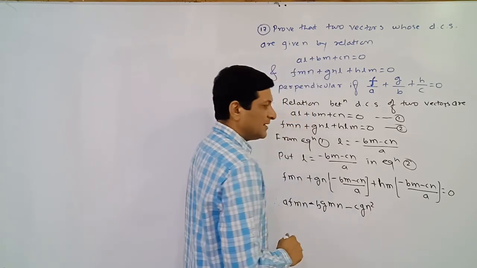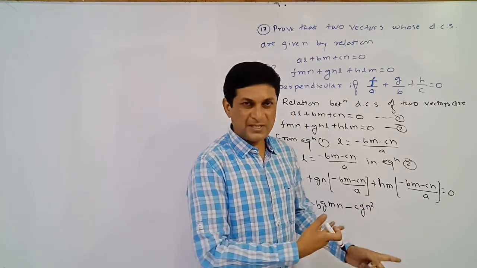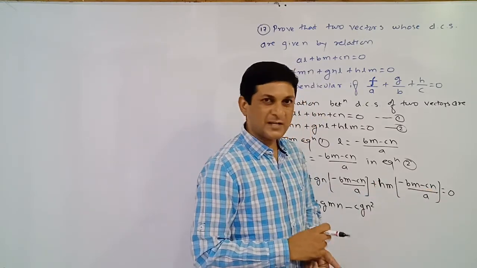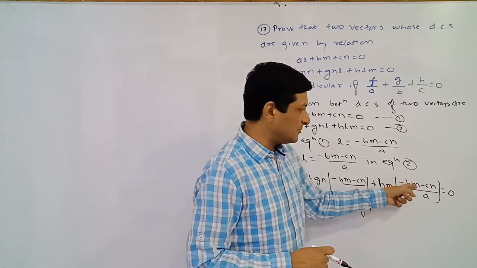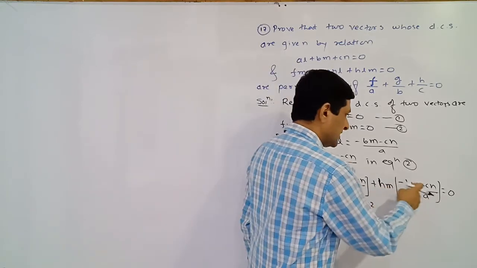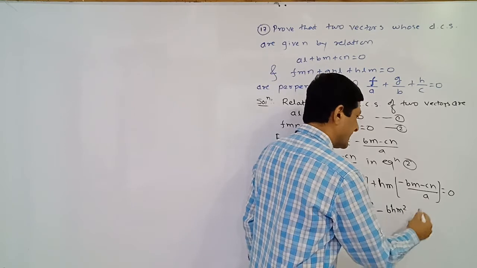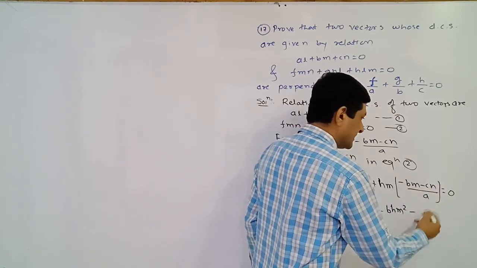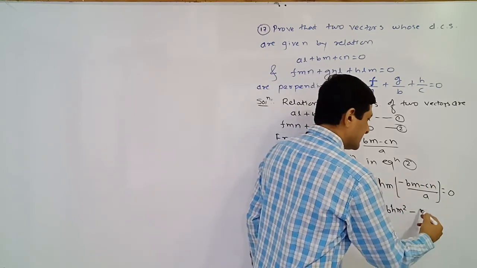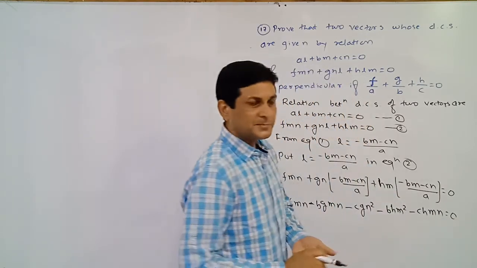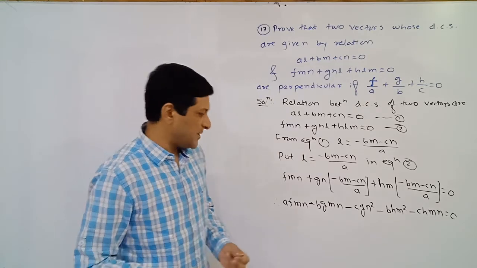Now already we have seen that we are multiplying both sides by A, so A will get cancelled. Now multiply by Hm to both the terms in this bracket. So here the product will be minus BHM square, and here the product will be minus CHMN, is equal to 0.